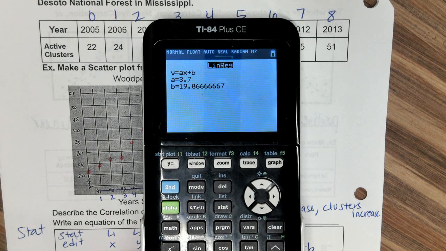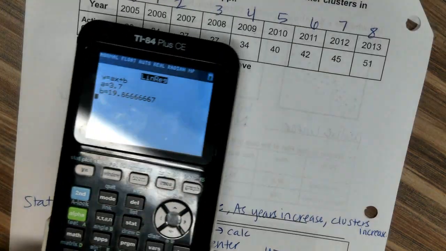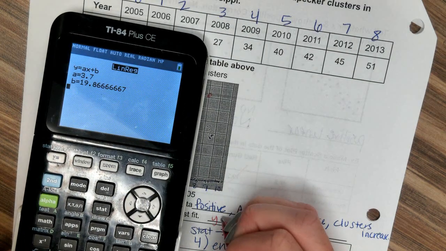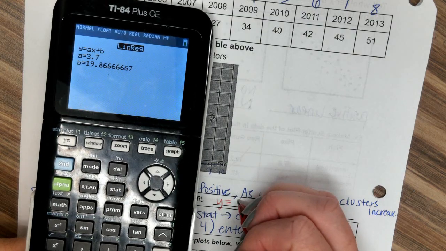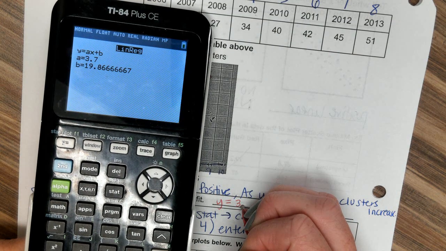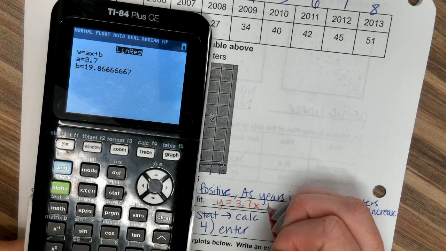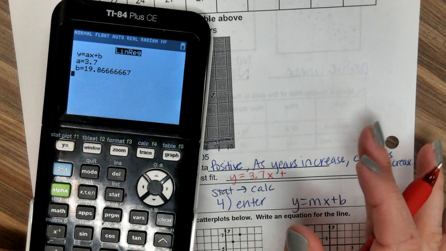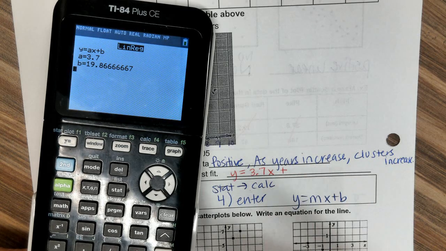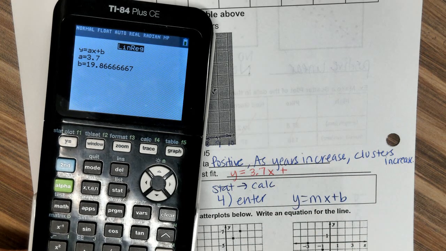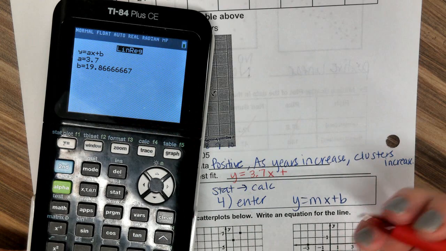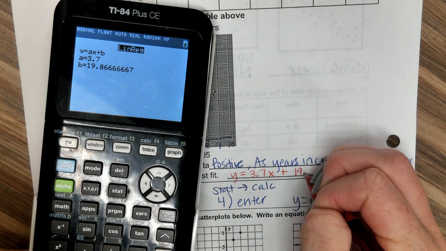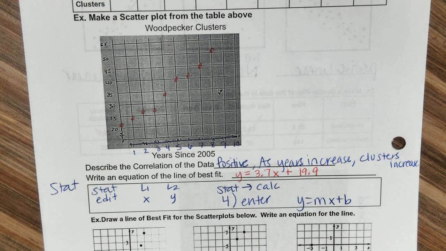What is the equation of the line of best fit? Y equals, anybody? 3.7x plus, and usually it will tell you what to round to, but don't round to the whole number. Let's just round to the tenths place. So 19.9. And that is the equation of the line of best fit.